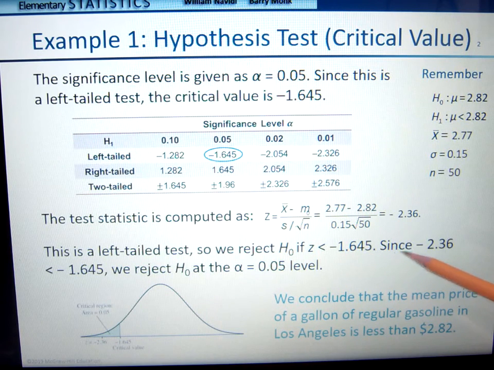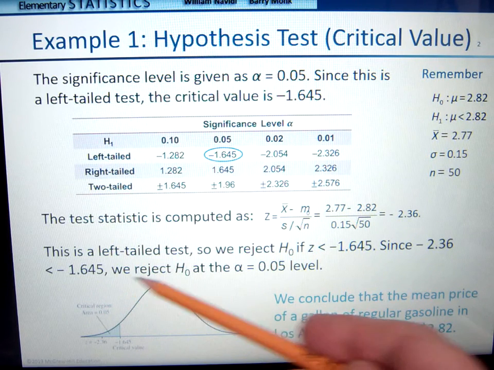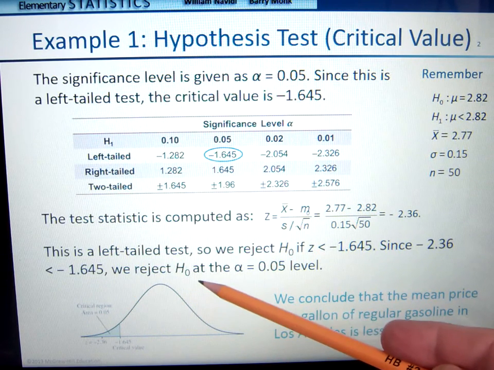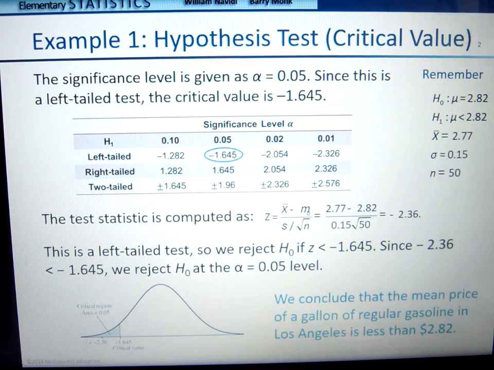Since negative 2.36 is less than negative 1.645, we reject the null hypothesis at this level. So we can conclude that the mean price of regular gasoline in Los Angeles is in fact less than $2.82. Less than. I hope you're making these corrections when I go over them on your notes. If you're not, back up and put that on. Okay.